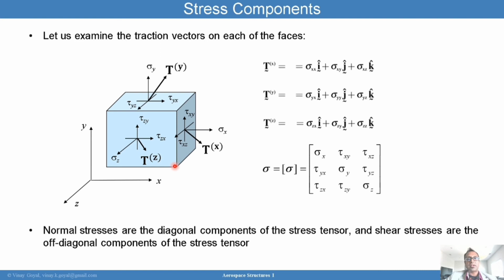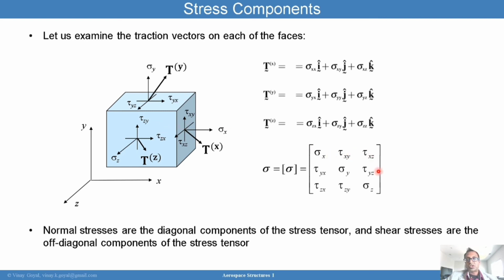They're the normal stress quantities. We also have the off-diagonal terms, tau xy, tau xz, and tau yz. These are the shear stress components that cause the cube to distort, and these quantities here are the ones that are tangential to the surface, as you can see here.